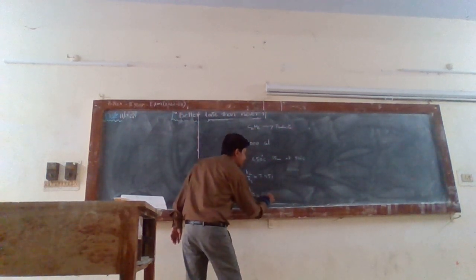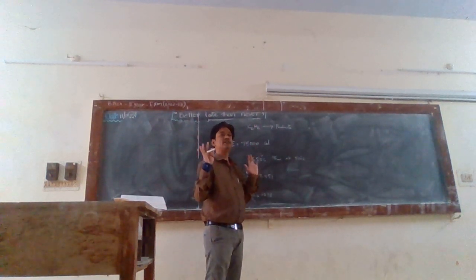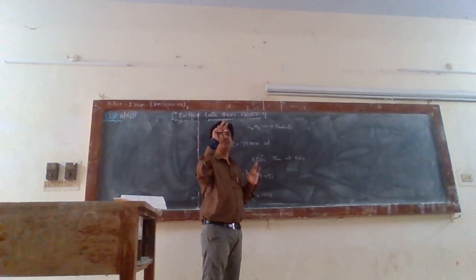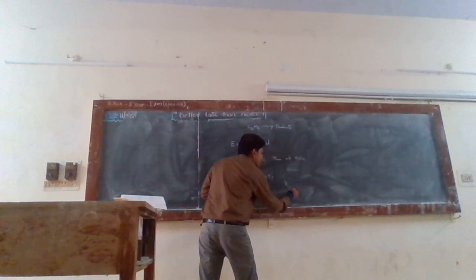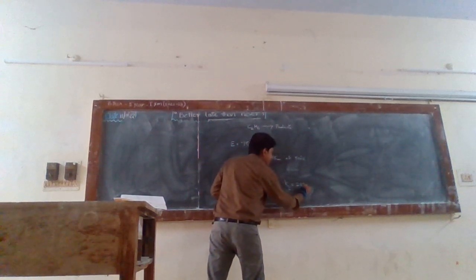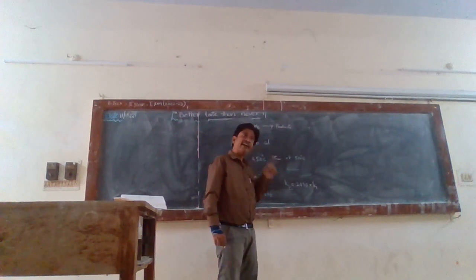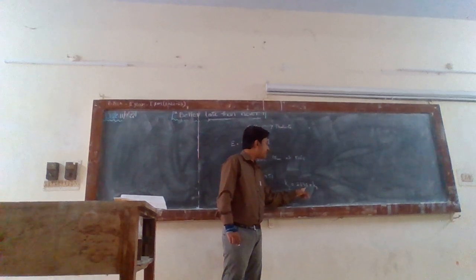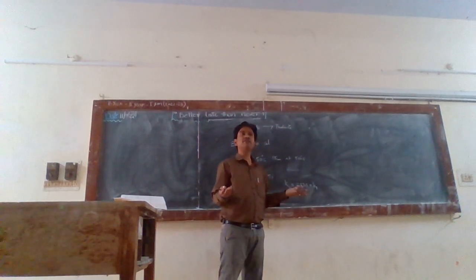Almost 2838 you will get, around 2800. Depending on the question you take, 2 digit or 3 digit. So K2 is equal to 2838 times K1. That means your reaction rate at 650 is 2838 times the reaction rate at 500. That's all the answer.